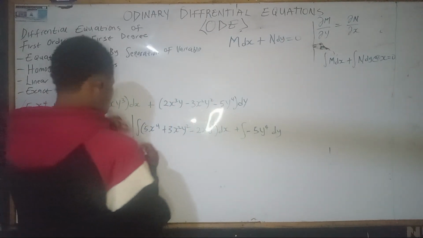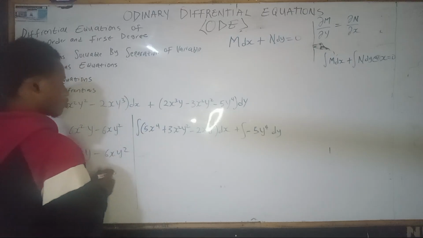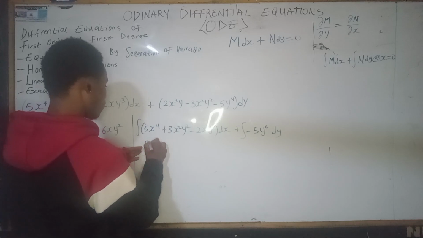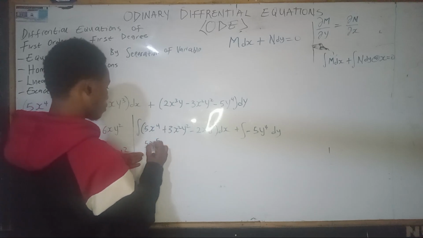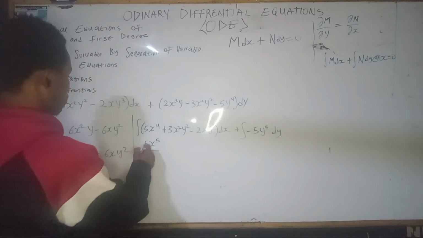So if we integrate this with respect to x, we are going to be having 5x raised to power 5 divided by 5, so that 5 cancels the 5 here.